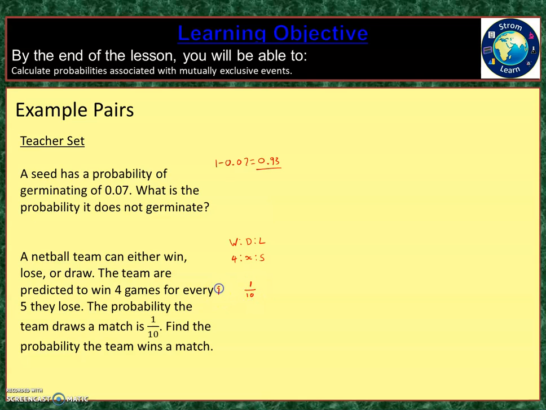Okay, so we've got that information, and we know the probability the team draws is 1/10. So 1/10 is our probability of drawing, and if we use our ratio, we can see that there's X draws, and then there's 4 plus X plus 5 games in total. So that's looking at a fraction of draws of the total games, and that's going to be the same as the probability. So if we simplify this, we get 1/10 equals X over X plus 9.